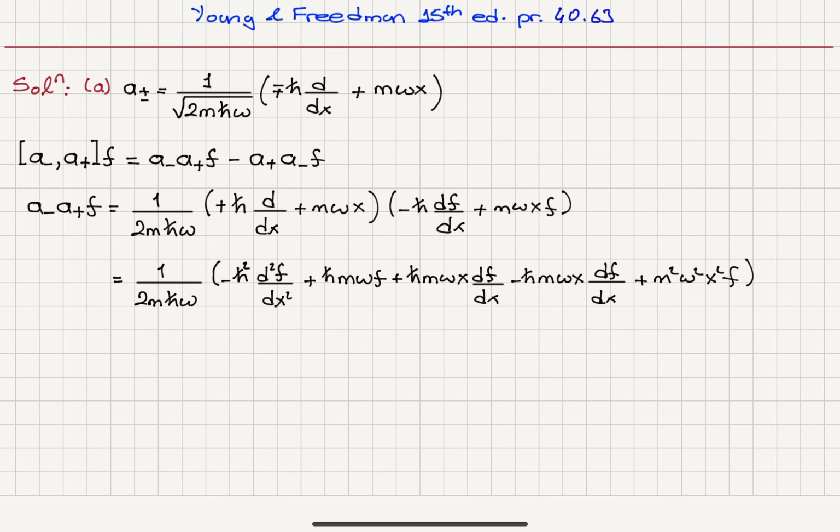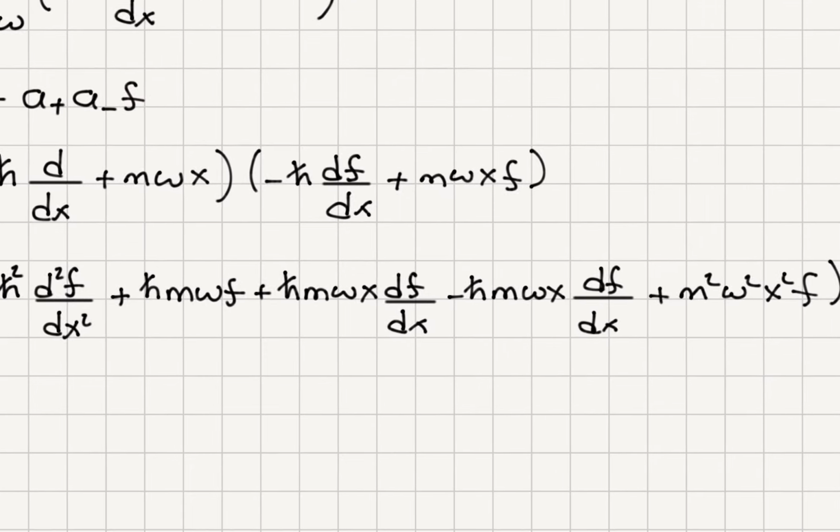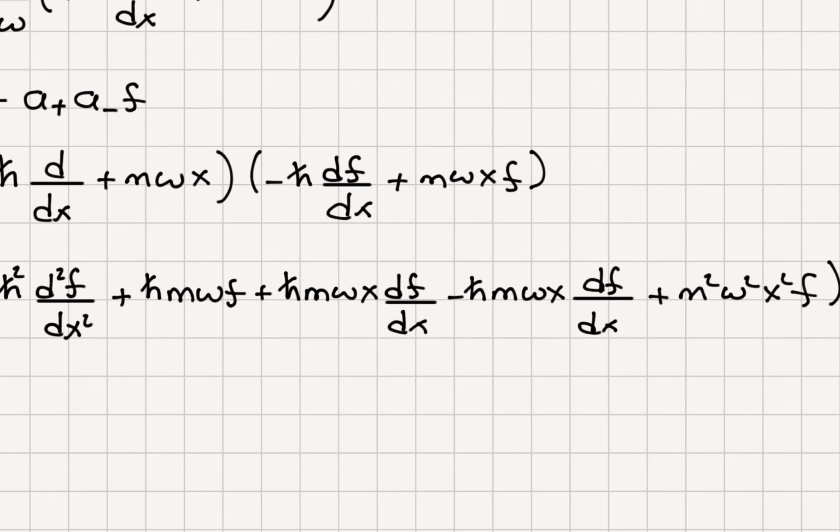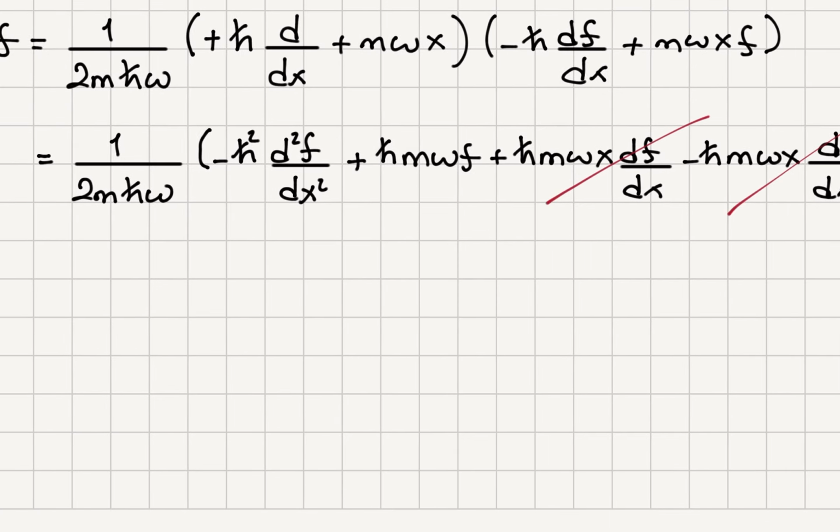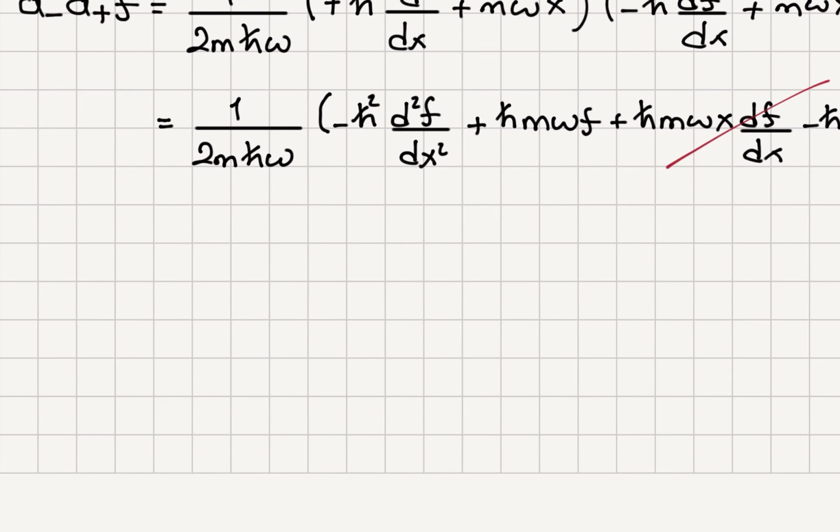So this is what we obtain. Now, looking at this carefully, I realized that this term is equal to this term with a minus sign, so they will cancel out. So I will be left with the following.